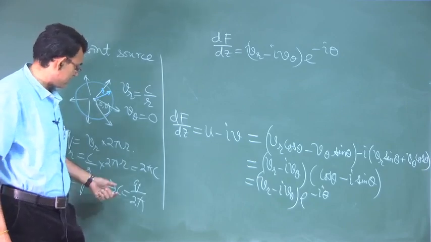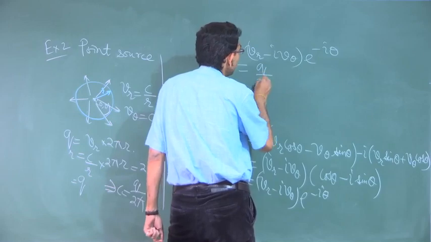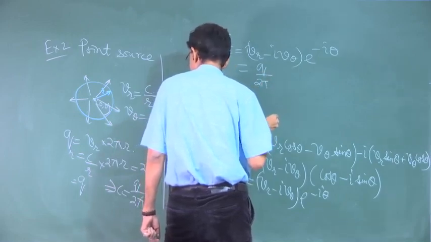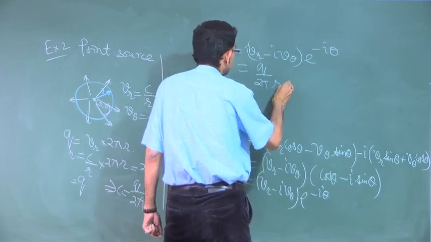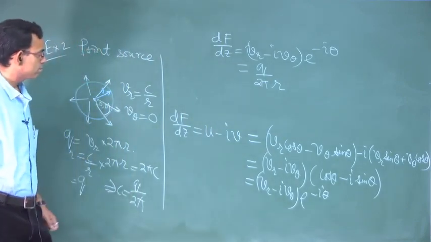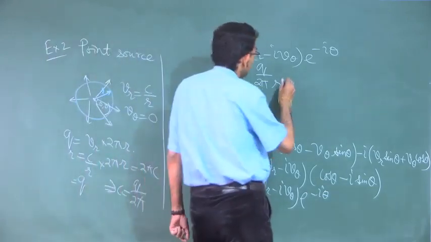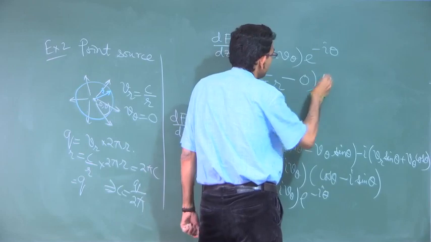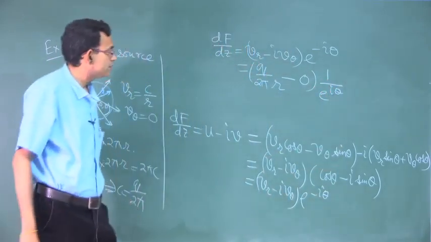So, Vr is q by 2 pi r, minus i V theta is 0, into 1 by e to the power i theta, right.